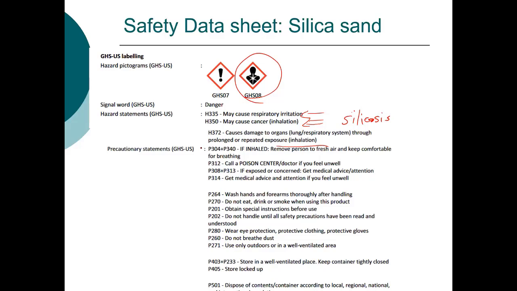So it provides you information with if you inhale it, what do you do? Get the person to fresh air, get them away from the exposure. Seek medical advice if the person who was exposed feels unwell.